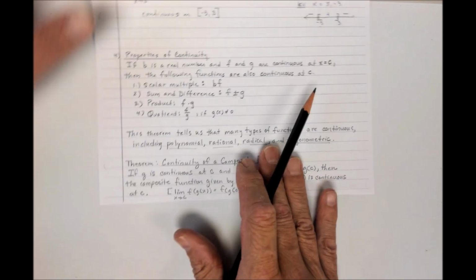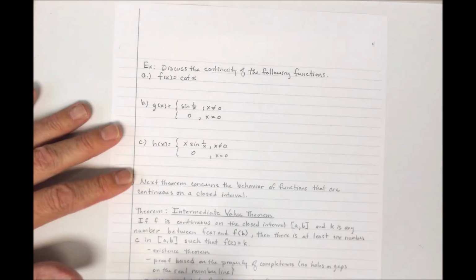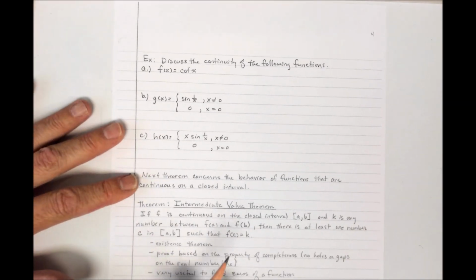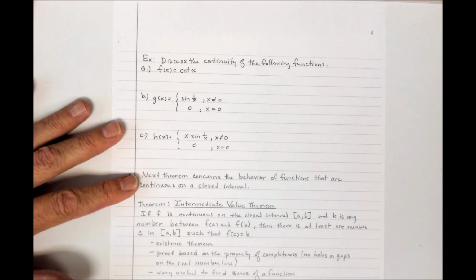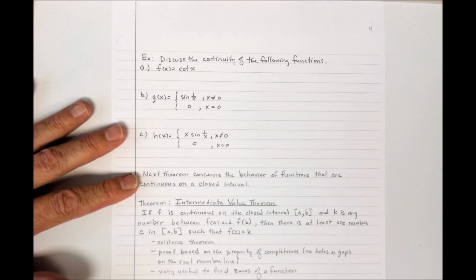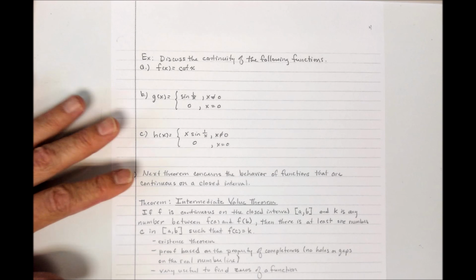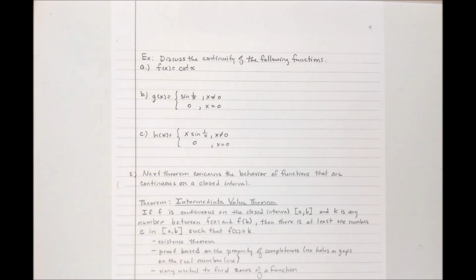All right. Now, let's talk a little bit more about continuity. Let's discuss the continuity of the following functions. I've got 3 of them here. Now, notice that the first function, f(x), is equal to the cotangent of x. Well, you may remember, although it's probably been a while since you graphed the cotangent function, so let me grab my graphing calculator here, and let us get ready to do some graphing here.